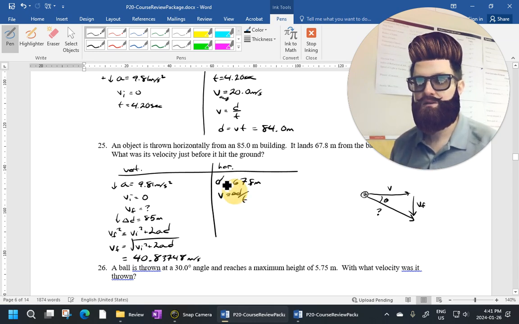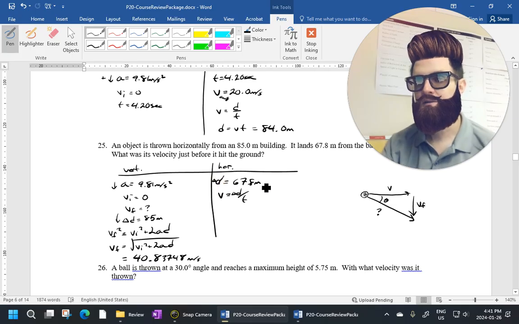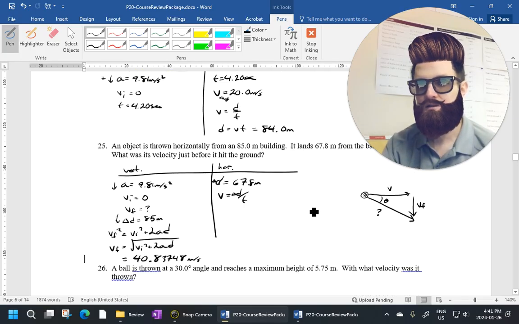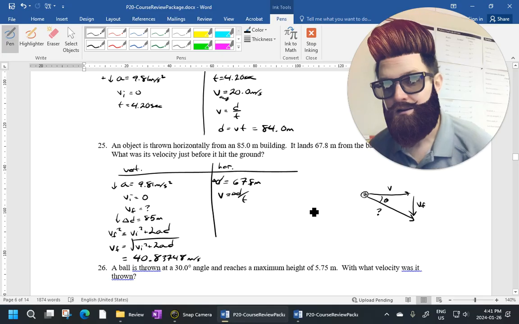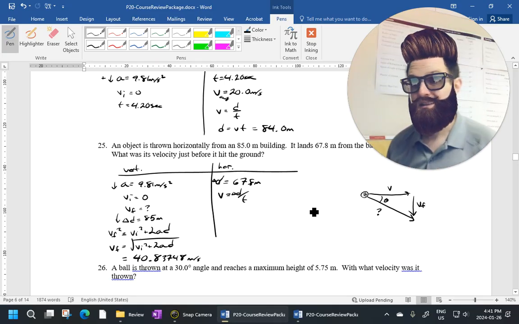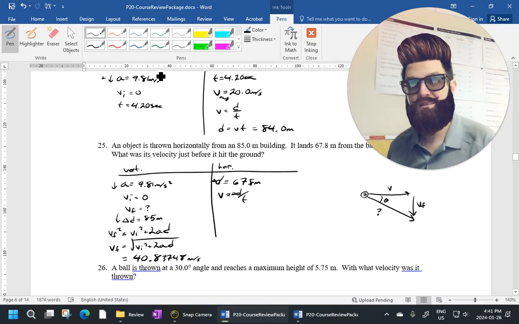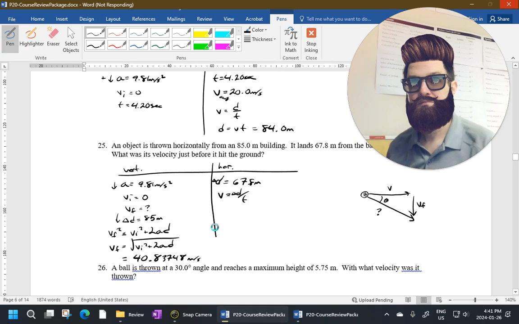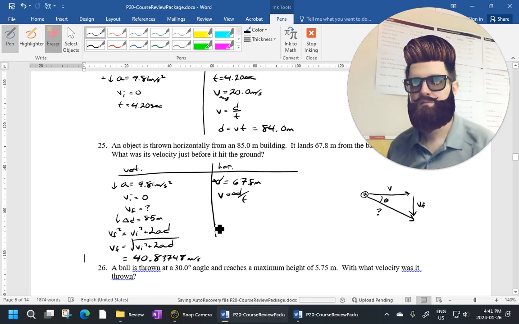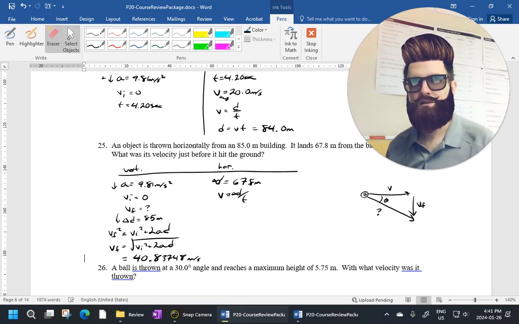Because I had to go d divided by t. I don't think I have the t in this question. Nope. So I'm going to go back over to the vertical direction and find that time too, right? Because we're going to need it. Oh man, my thing is starting to slow down here because of how much writing I've done on this.